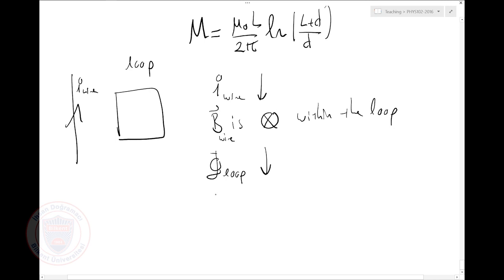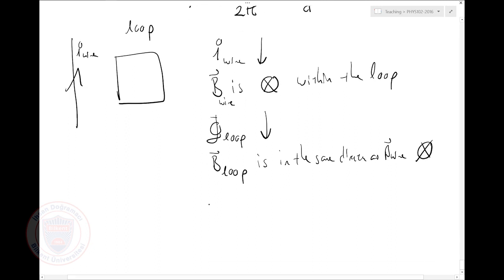Then B loop is in the same direction as B wire, which means it must be into the loop. So I loop, to create something into the page, must be clockwise. Okay? Good.